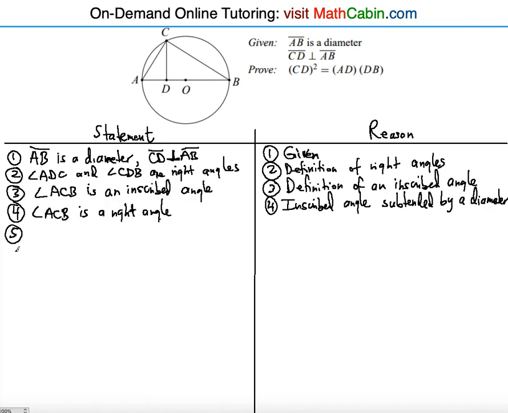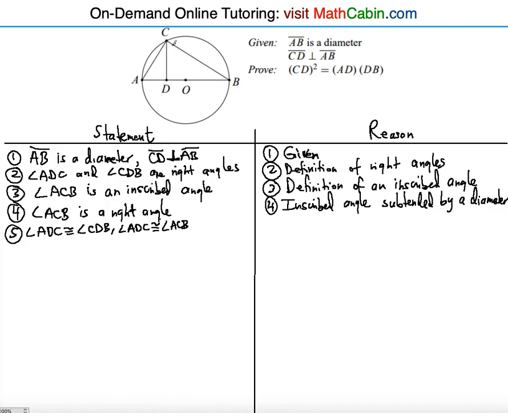Now, the fifth statement is to notice that we have a couple of pairs of right angles, actually 3 pairs of right angles that we should indicate being congruent. Angles ADC and CDB, angles ADC and ACB, right? So ADC was a right angle, we noted that. CDB, right angle, so these are congruent.